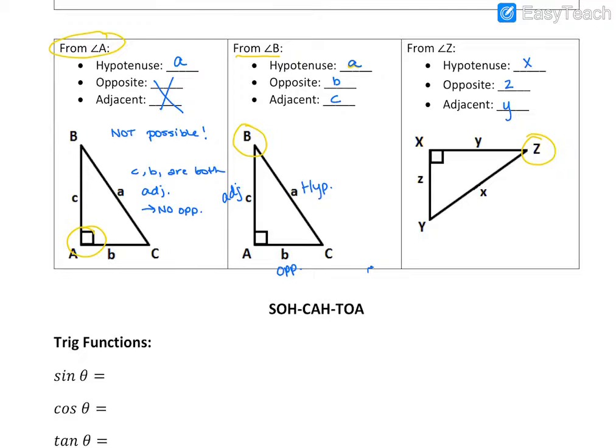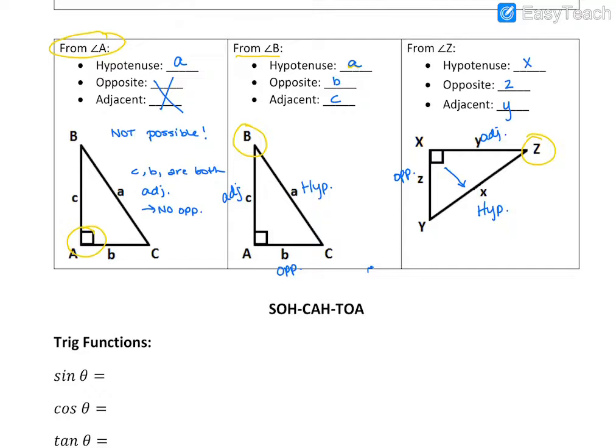We were going from this angle Z. So this side here would be your hypotenuse across from that right angle. Across from angle Z is side Z, that's your opposite, leaving this side here to be your adjacent. Get used to labeling them because you're going to want to get used to that.